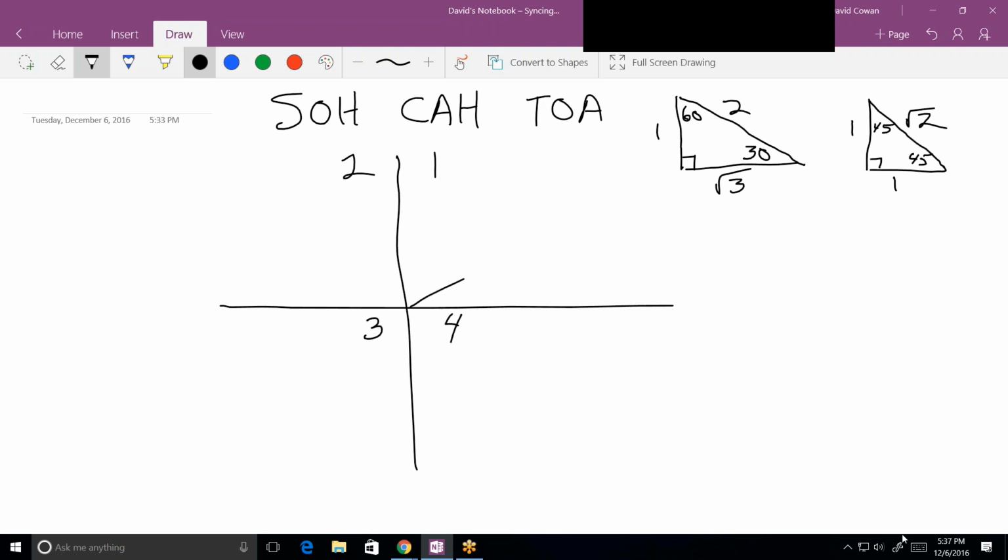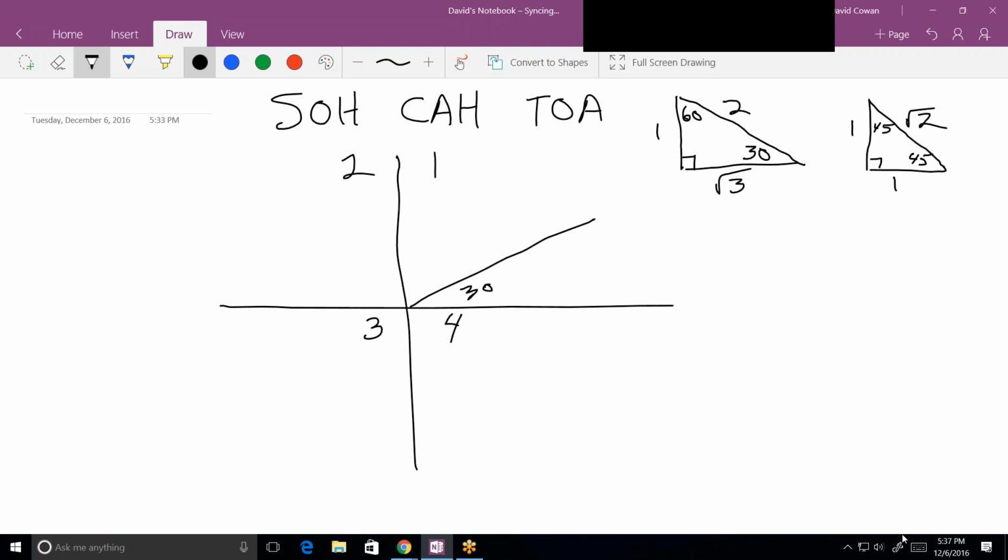So if that's a 30-degree angle, you know what the cosine of 30 is, right? What's the cosine of 30? 1/2. That's the sine of 30.